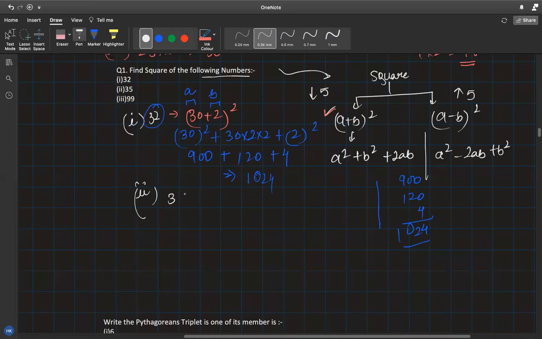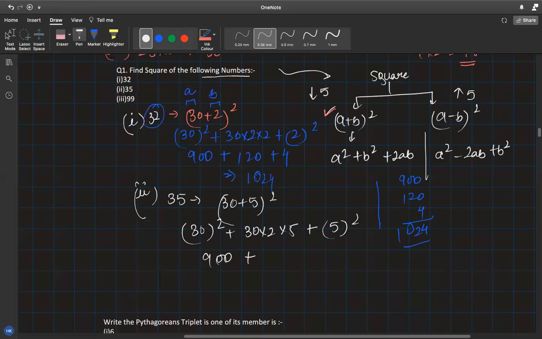Then the second is 35. What can we do? We can write it as (30 plus 5) square. So apply the same formula. 30 square plus 30 into 2 into 5 plus 5 square. 30 square is 900, plus 30 into 5 is 150, 150 into 2 is 300, plus 5 square is 25.